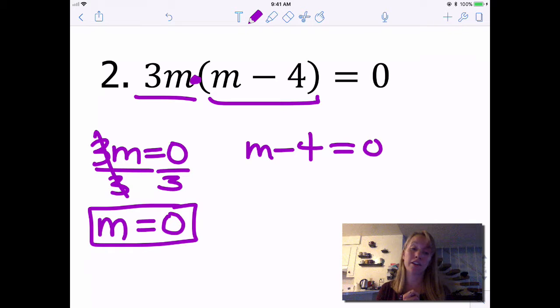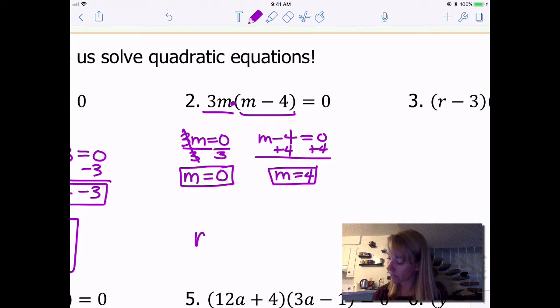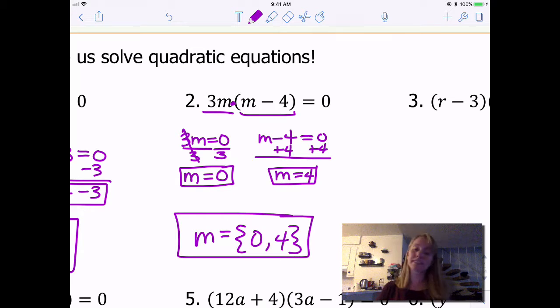If you need to check it in your calculator, that's fine. 0 divided by 3 is 0. M minus 4 equals 0. I add 4 on both sides, and m is equal to 4. So my final answer, I'm going to say m is equal to 0 or 4 with the curly brackets, because that just means it could be one or the other, or it could be both.